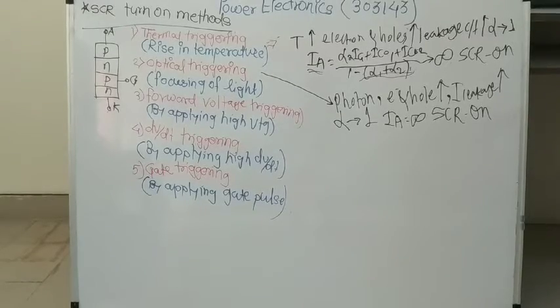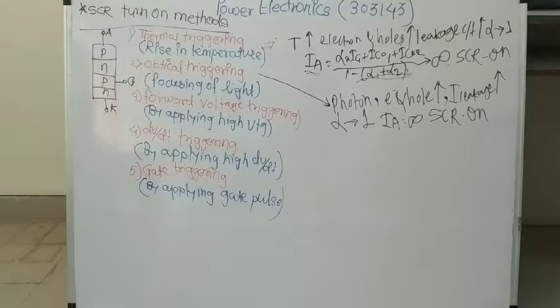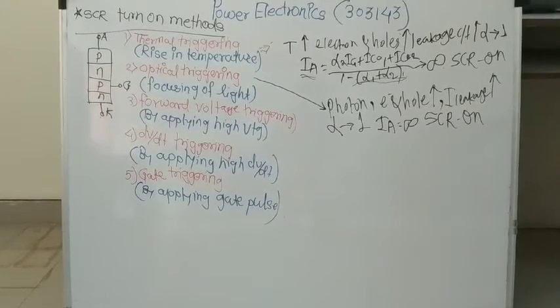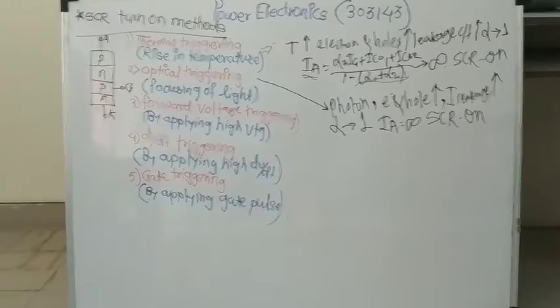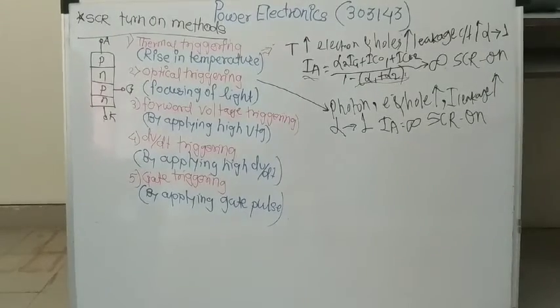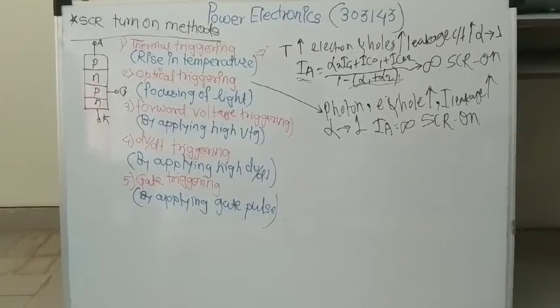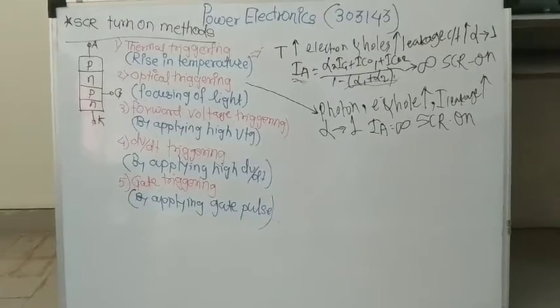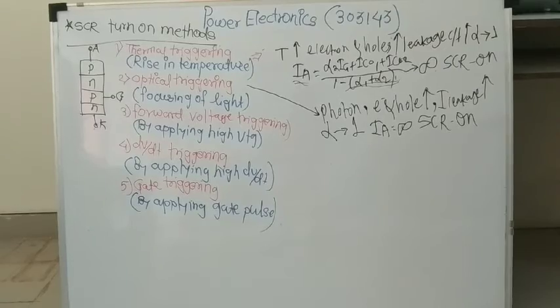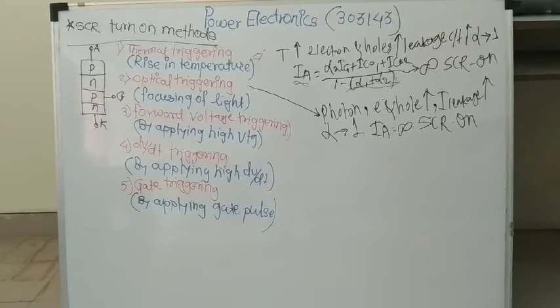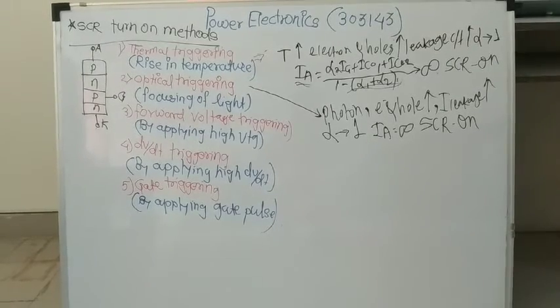We have to make photons or light of appropriate frequency as well as intensity incident, because without appropriate frequency or intensity it does not turn on. It needs high frequency as well as proper intensity light for turning it on.